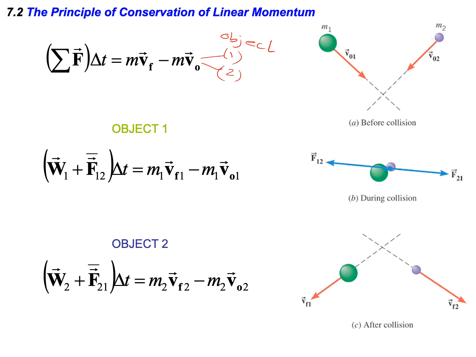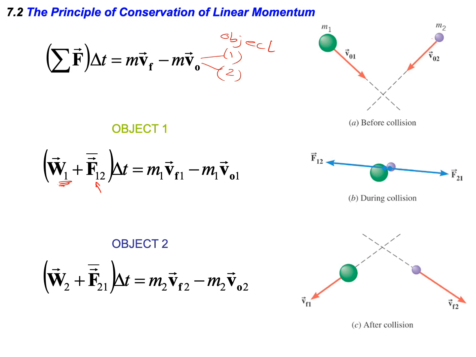Okay, so the external forces on object 1 plus the force on object 1 by object 2, times delta t, equals mass of object 1 times the final velocity of object 1, minus mass of object 1 times the initial velocity of object 1.